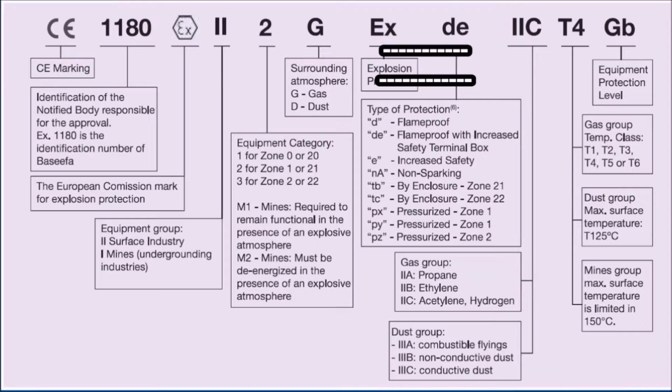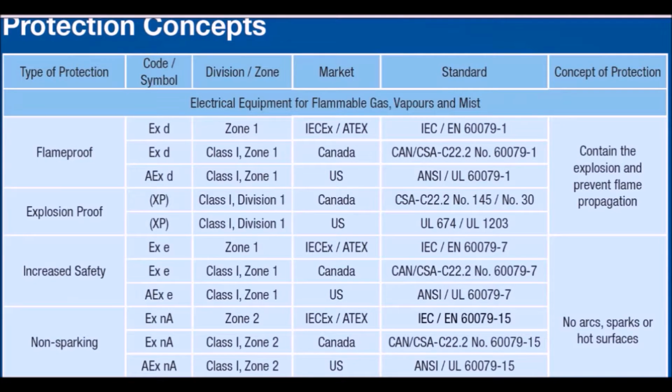Let's go back to the types of protection. Shown highlighted here, in this series of slides, we have the type of protection such as flameproof EXD and AEXD, explosion-proof Class 1 Division 1. These contain the explosion and prevent flame propagation.